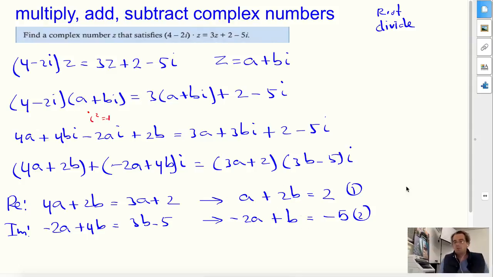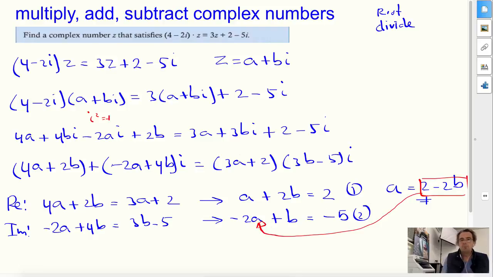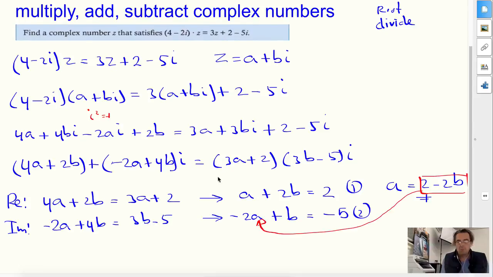From the first one I can immediately see that a is 2 take 2b. Okay, so I can use this result and plug it into the second one for a, because a is the same as 2 take 2b. So I'm going to do that.